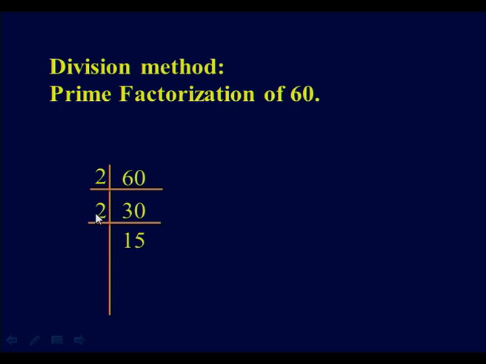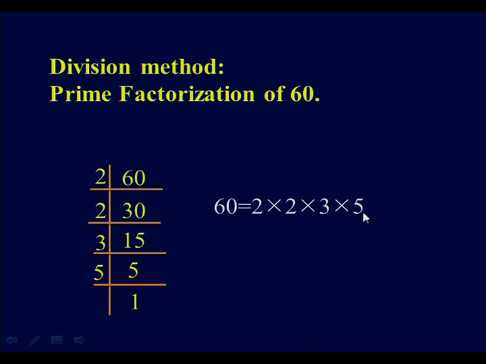Children, as we know that 15 is divisible by 3, 3 5s are 15, and finally 5 is divisible by 5. So, if you divide 5 by 5, we will get 1. So, you can further write 60 as the product of prime factors in this manner. As you can see here, 60 is equal to 2 into 2 into 3 into 5.